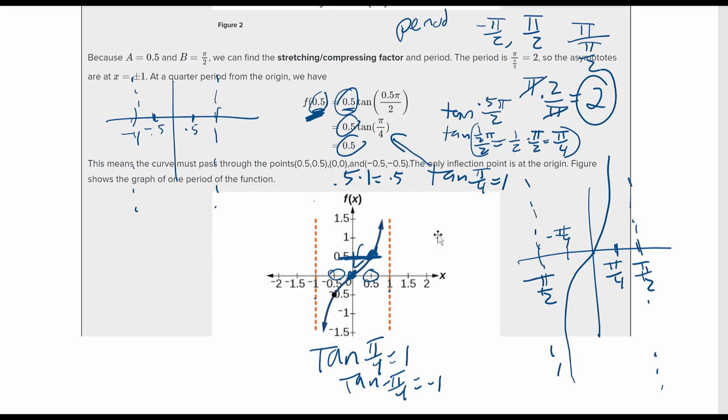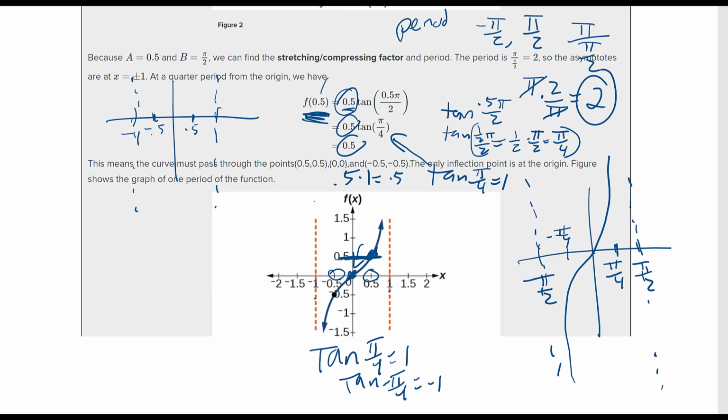So I hope that clarifies what this is asking for. They're doing this to get some points to plot it and to really express how it's been compressed. But I really want to stress as well, let me erase this a little bit, this is not saying f times 0.5, that is the function evaluated at the value of 0.5.